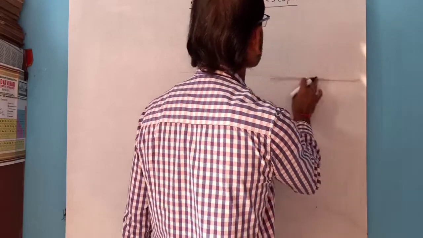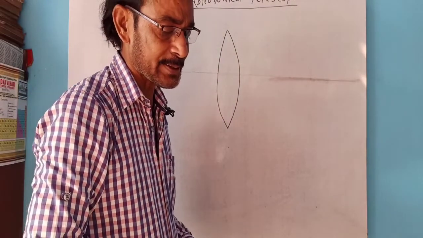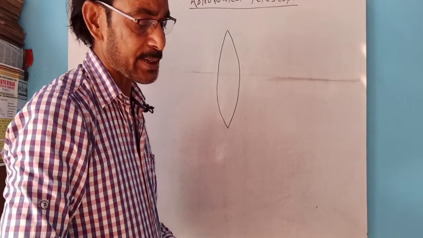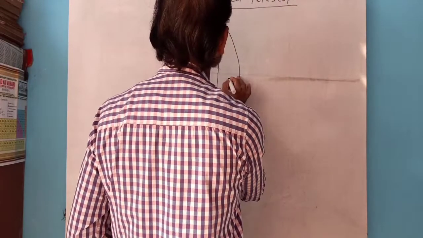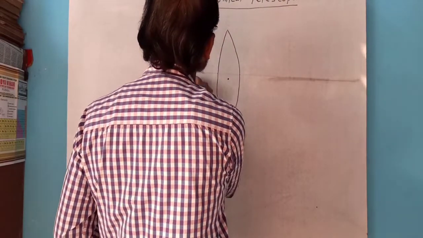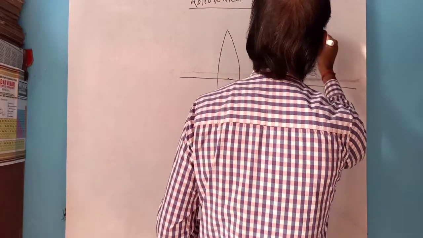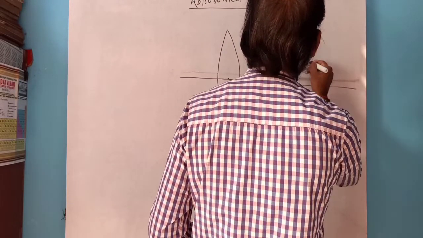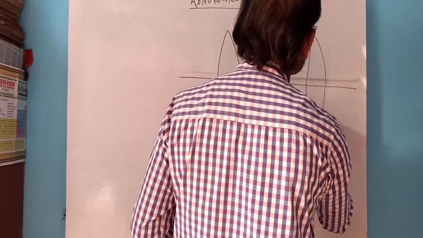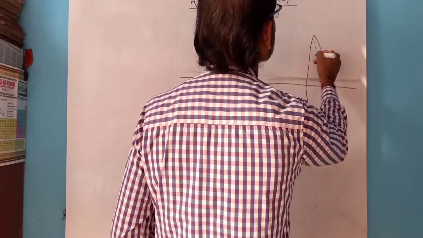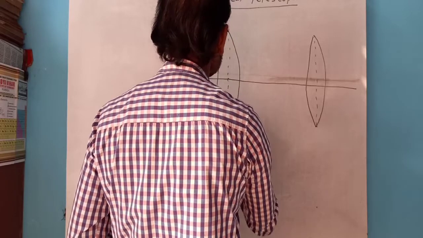Both are adjusted on the principal axis at a distance FO plus FE, the distance between the two lenses.